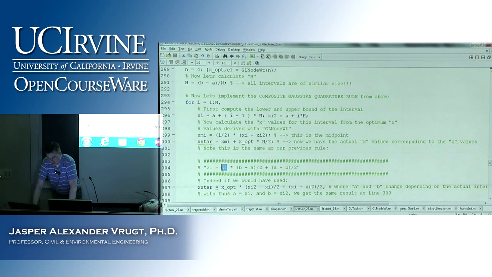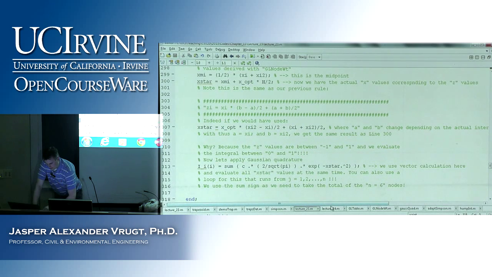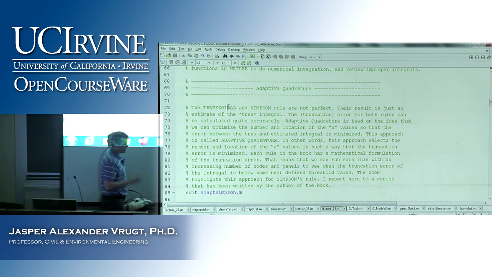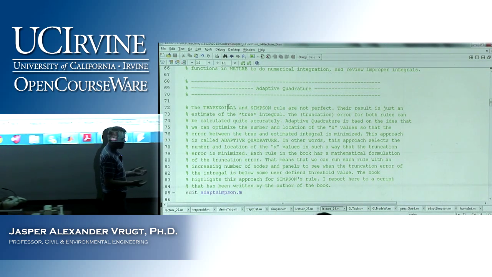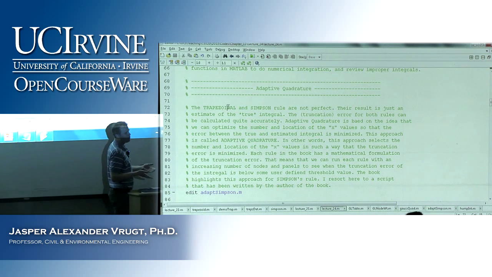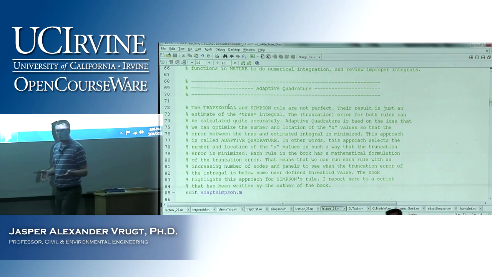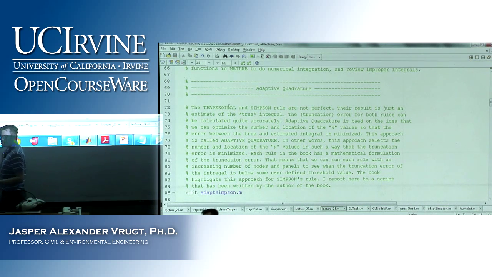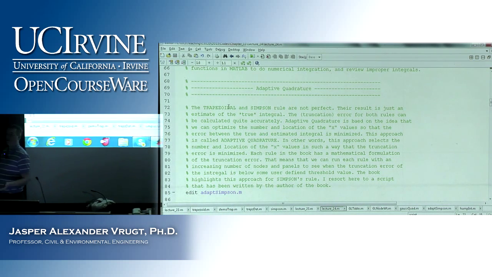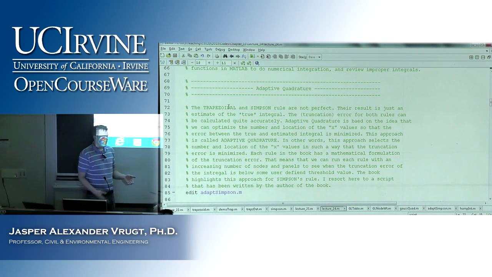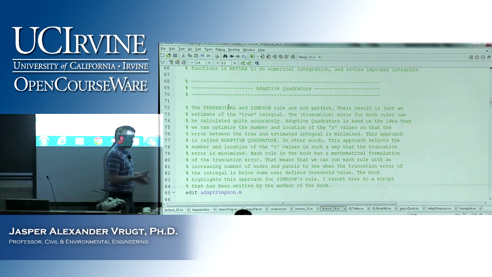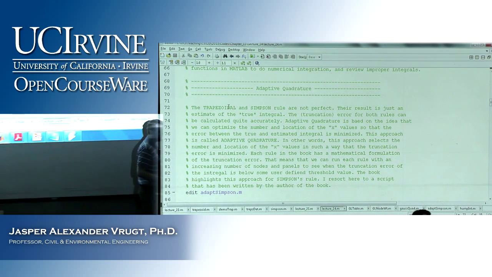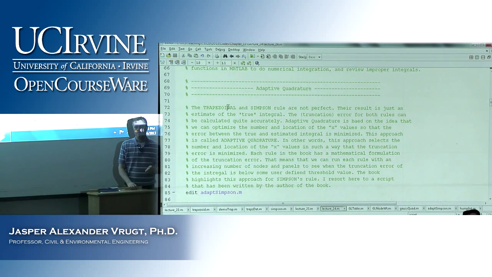Okay? So Gaussian quadrature is quite optimal. With a relatively small number of x values, you can numerically solve the integral of a function. This requires that the function is available, because you need to evaluate the function at those optimal x values that come out of that script, GLNodeWt.